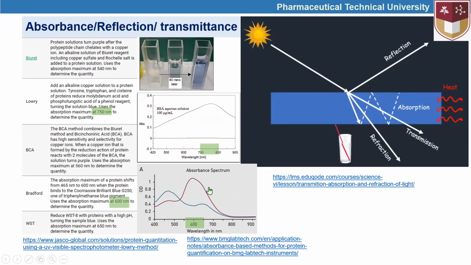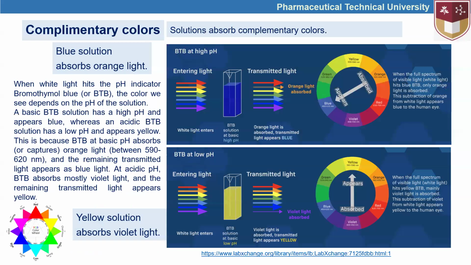And this can be a kind of example to understand the proper results that we explained in this website. And yellow solution, as indicated here, absorbs violet light. This is also in accordance with this explanation.